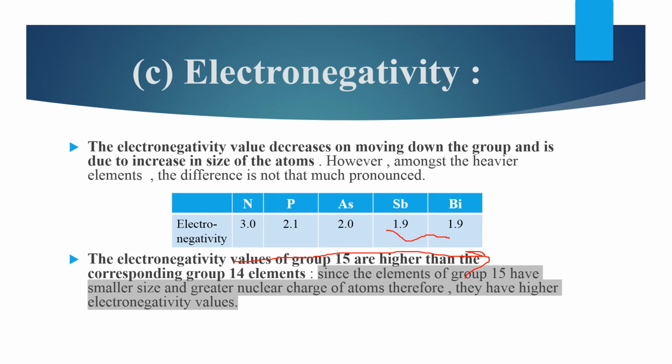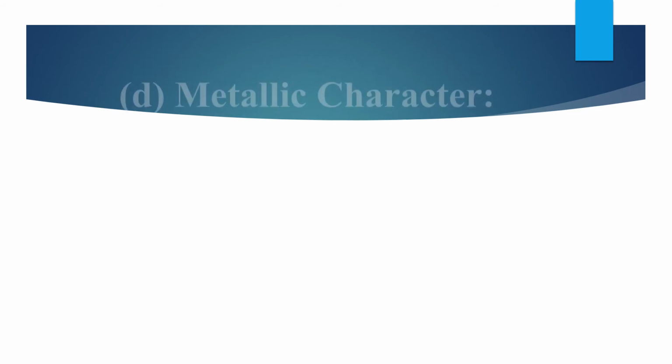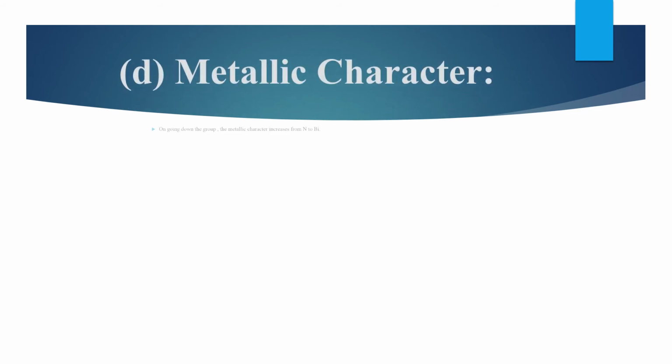The electronegativity of group 15 is higher than the corresponding group 14 elements. Again it will depend upon the size. We know that group 15 elements have a smaller size, and due to their smaller size they have greater nuclear charge, and as they have greater nuclear charge their electronegativity values will be higher. Metallic character.